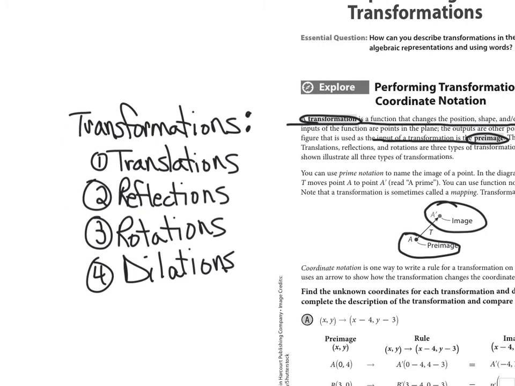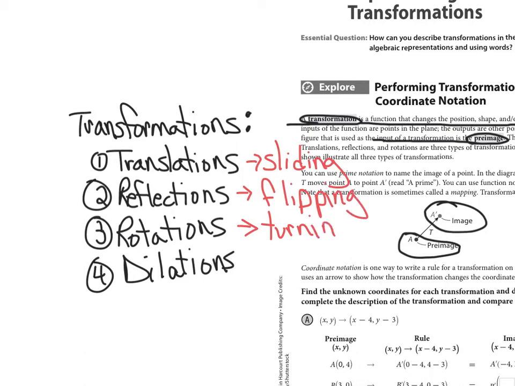So a translation is a slide. You're sliding the figure to somewhere else on the graph. A reflection is a flip, and a rotation is a turn. So you're sliding, flipping, turning.